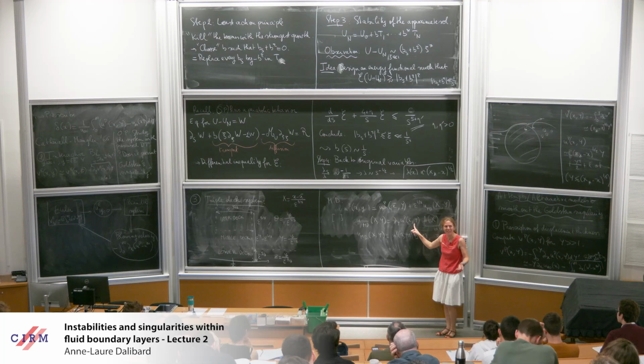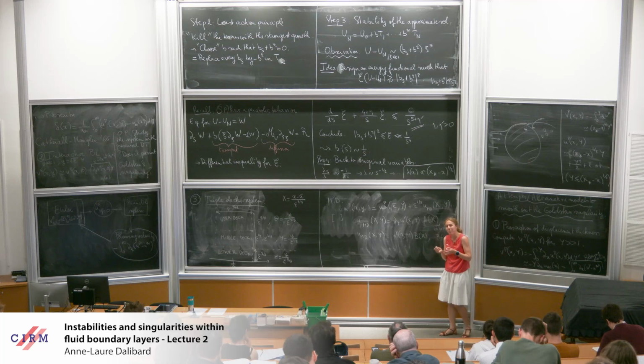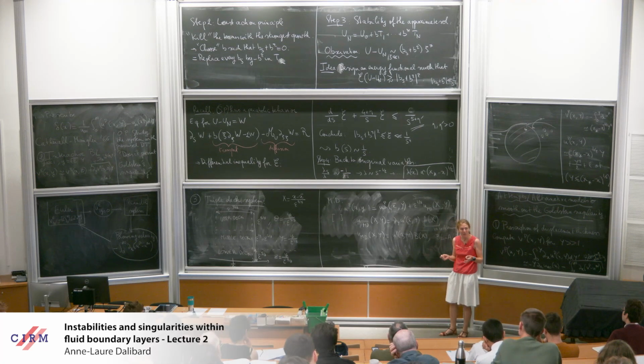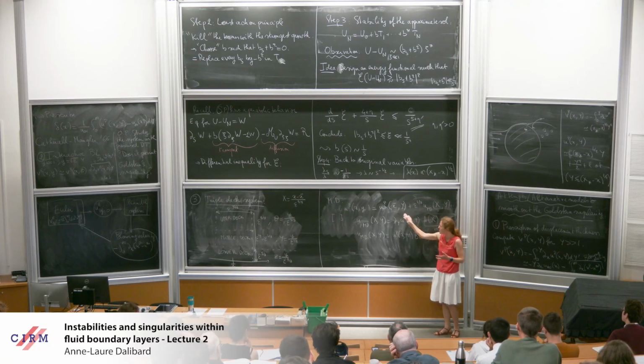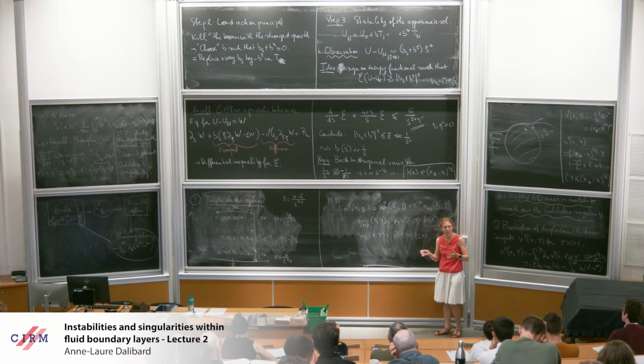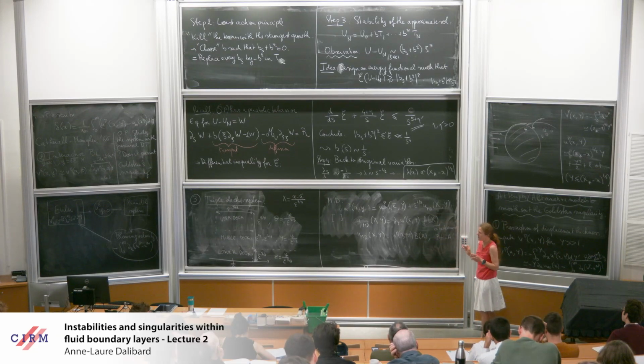Okay, so if someone has the answer in the audience, I would be super interested, because I thought that the purpose of the triple deck was precisely to look at what happens close to the separation point, and so I don't understand why we are looking at things around the Prandtl solution that actually does not separate. Okay, so the typical profile which is chosen here is the Blasius profile, for which we know that everything happens well.